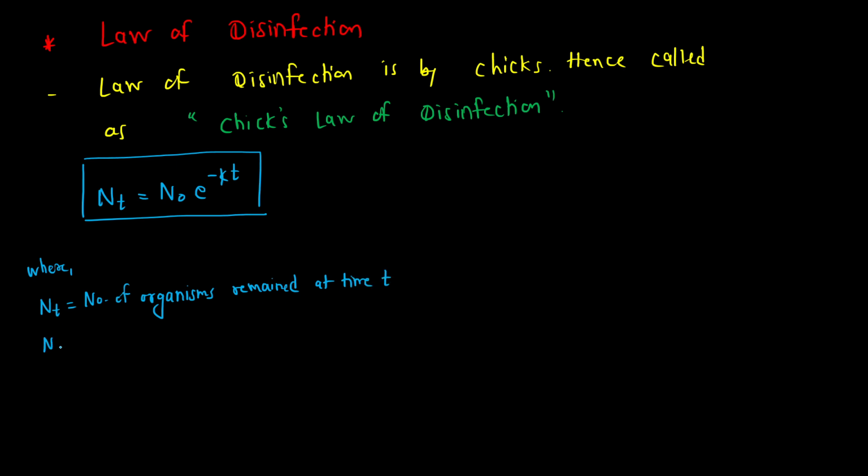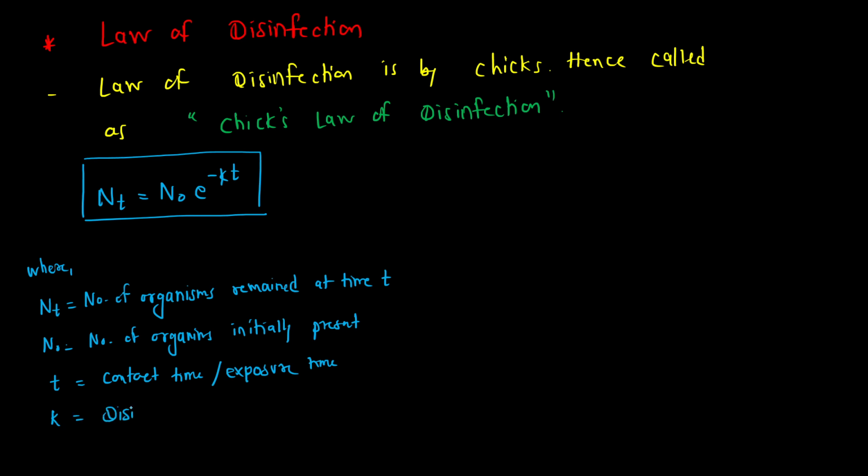N0 is the number of organisms initially present. t is called contact time or exposure time, and k is called the disinfection rate constant.